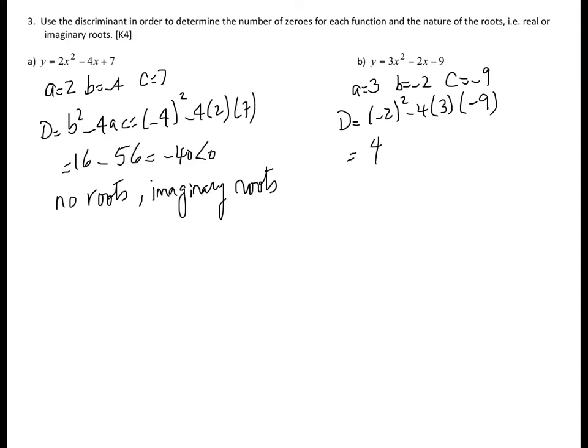And negative 4 times 3 gives you negative 12, times negative 9 gives you plus 108. If you add it, it's 112, greater than 0. Then we have 2 real roots. So the nature is real. The previous one, the nature was imaginary.